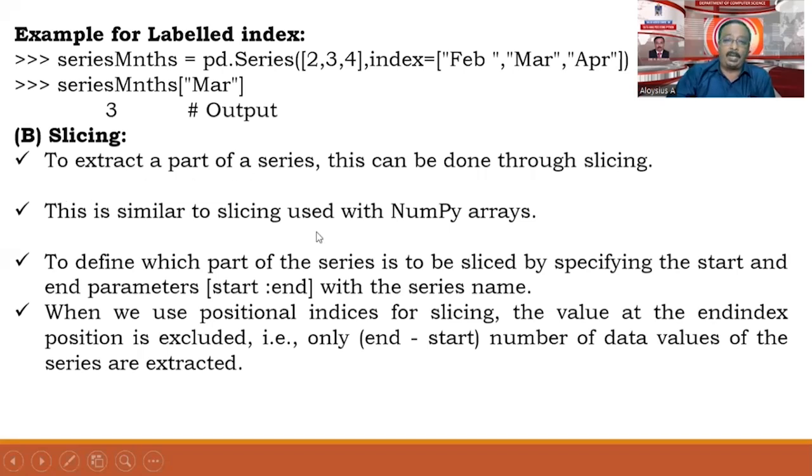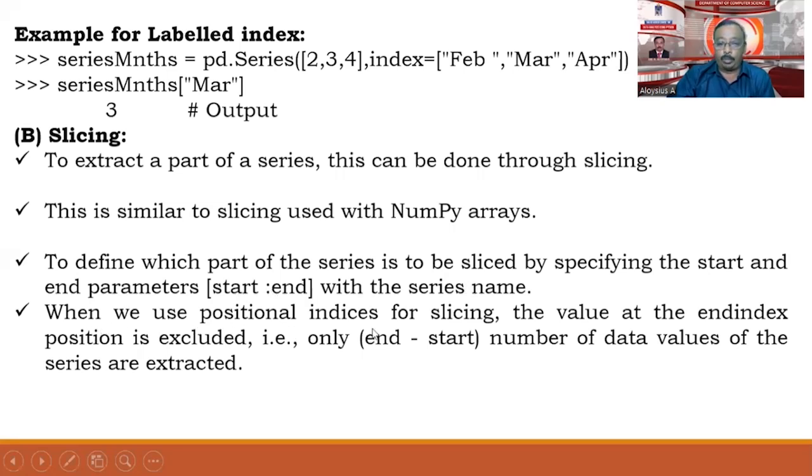To extract a part of a series, this can be done through slicing, as we have discussed in NumPy arrays. This is similar to slicing in NumPy arrays. To define which part of the series is to be sliced, you specify the start and end parameters, that is, within square brackets, you can specify the start and the end with the series name.